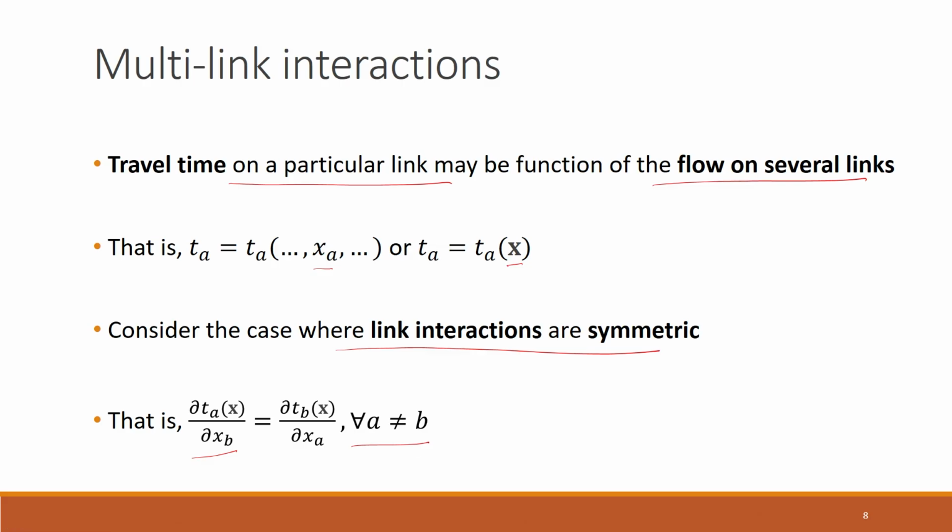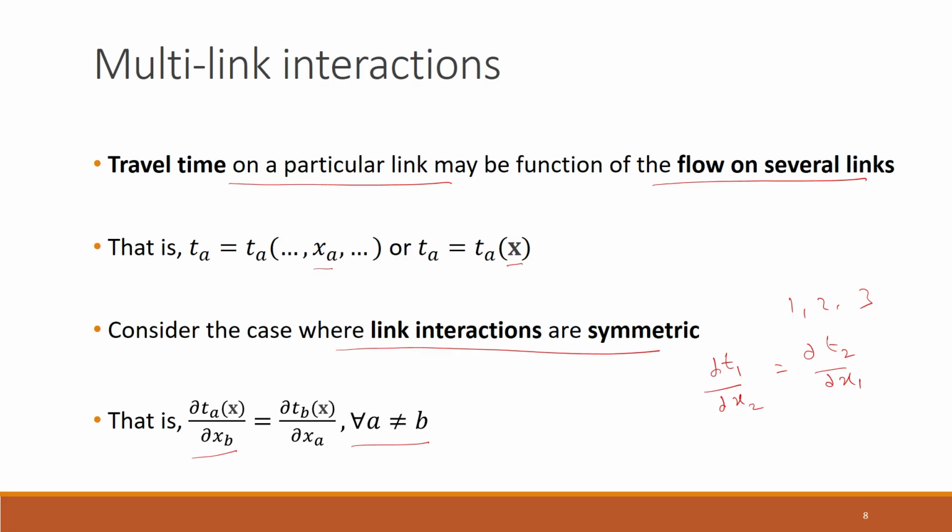For example, if there are 3 links 1, 2 and 3, what it means is that the derivative of the travel time on the first link with respect to the flow on, suppose, the second link is equal to the derivative of the travel time on the second link with respect to the flow on the first link.